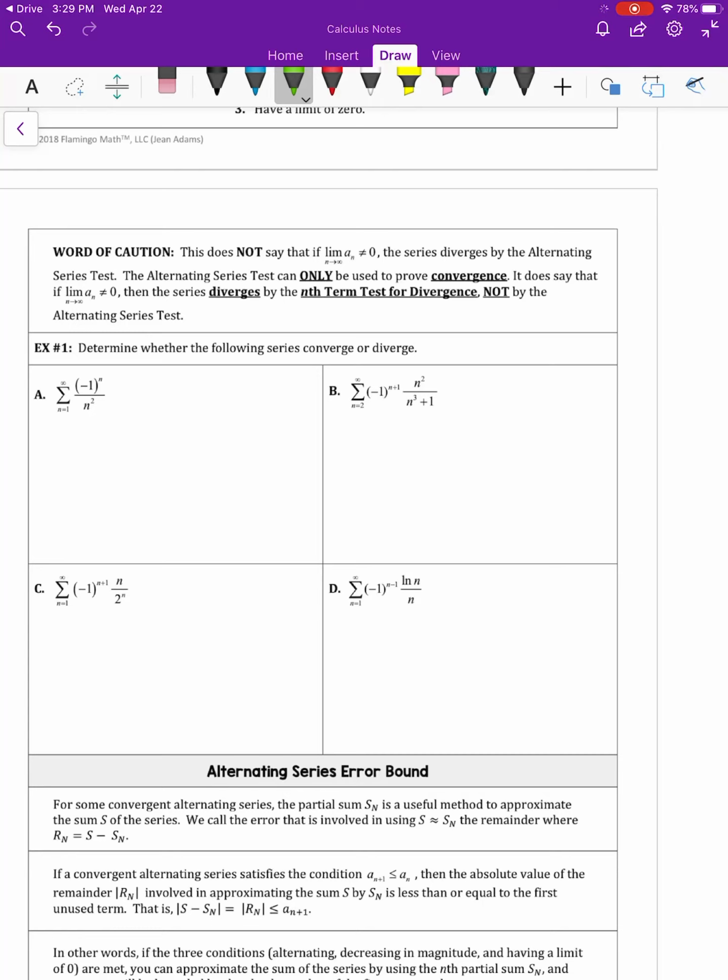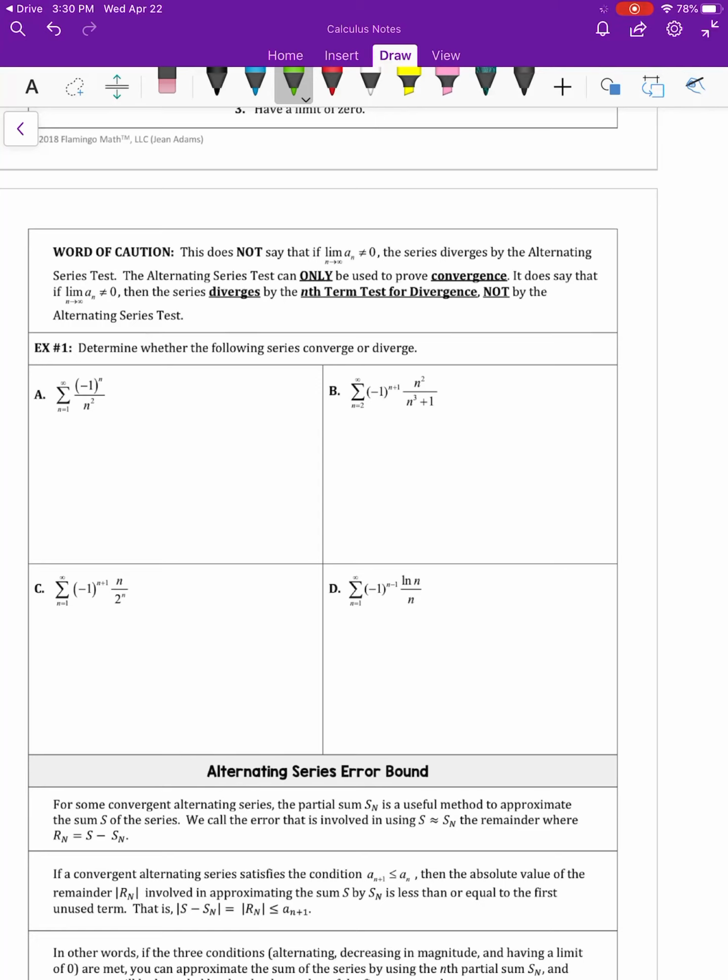So word of caution. This does not say that if the limit as n goes to infinity of a sub n does not equal 0, the series diverges by the alternating series test. The alternating series test can only be used to prove convergence. If the limit as n goes to infinity of a sub n does not equal 0, then the series diverges by the nth term test for divergence, not by the alternating series test.